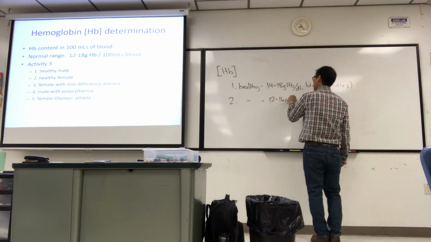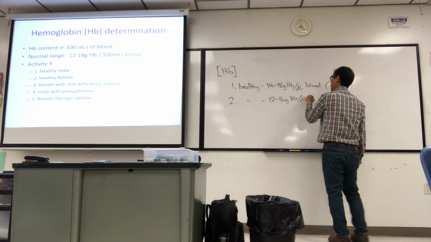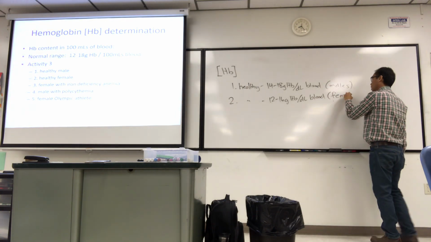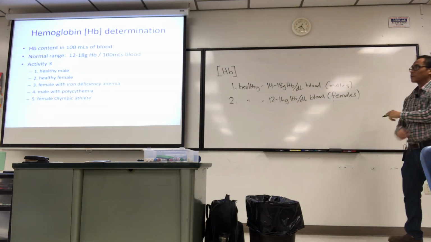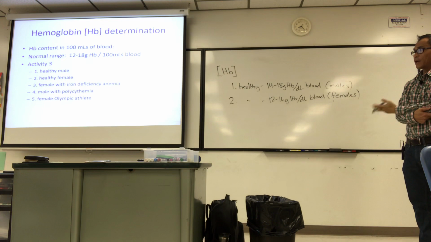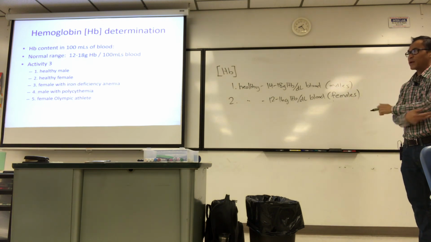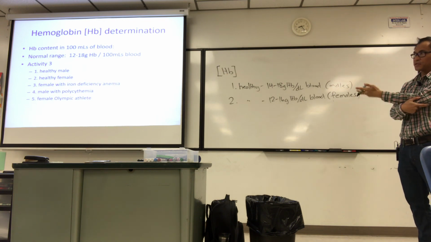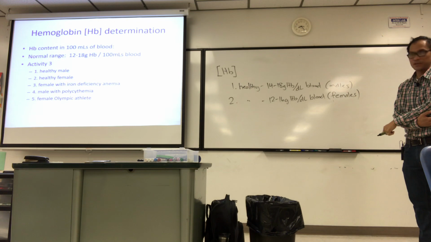Maybe 12 to 16. Now, if you start to get into other situations, just regular healthy people, 1 and 2. Number 3, a female with anemia, for whatever reason. In this case, we say iron deficient.